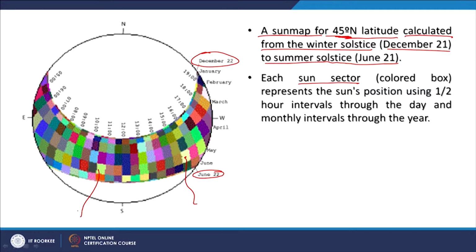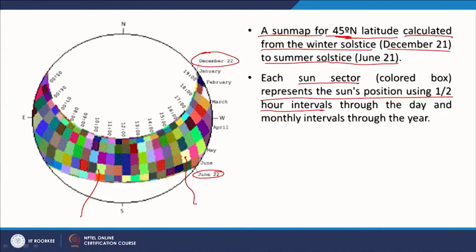Each rectangle, in different colors, represents the sun's position using half-hour intervals. Every half an hour you have one, because if we went for less than half an hour, you would have smaller rectangles or squares. So it is the sun's position using half-hour intervals through the day and monthly intervals through the year.